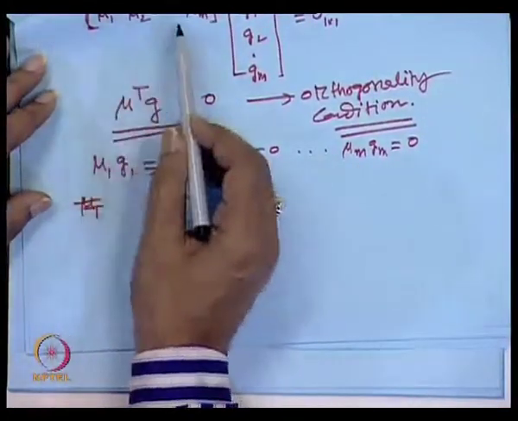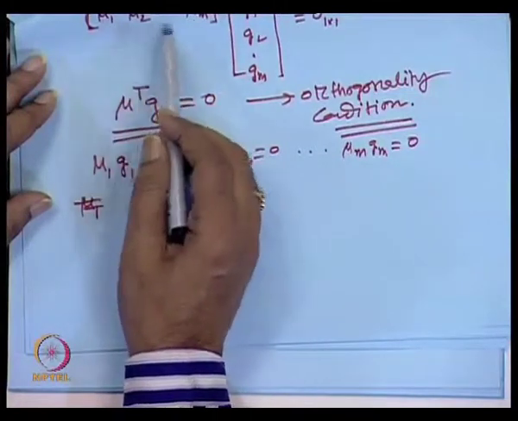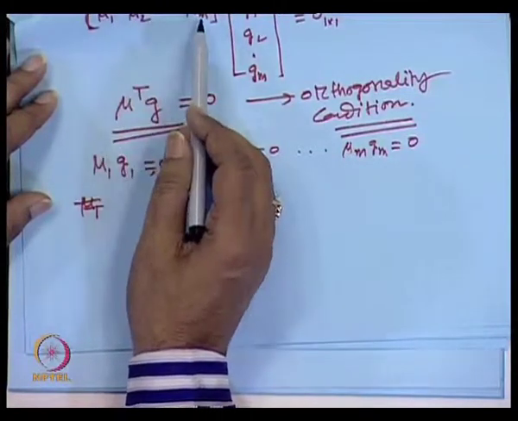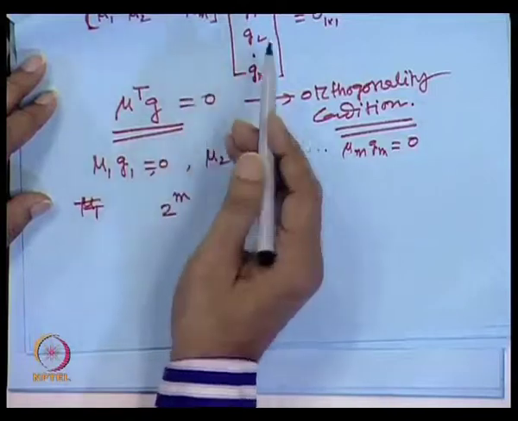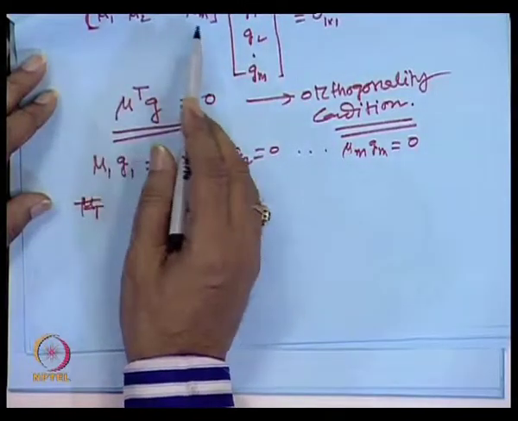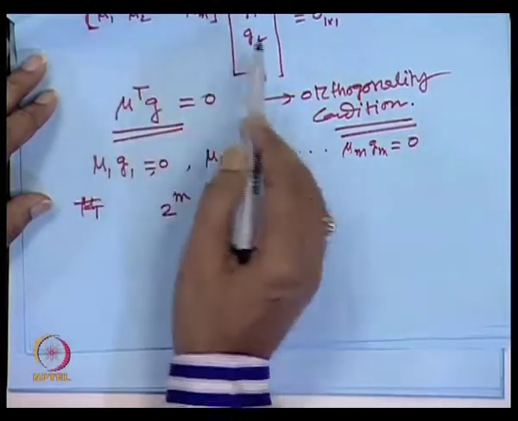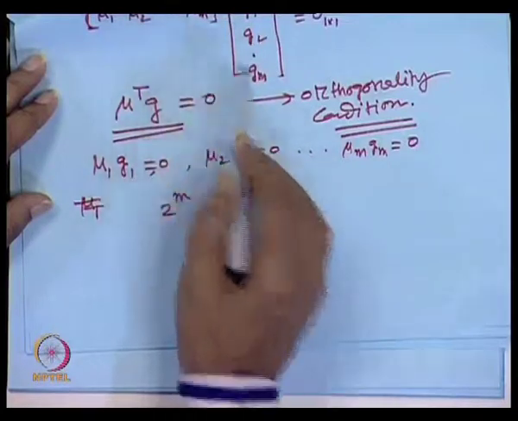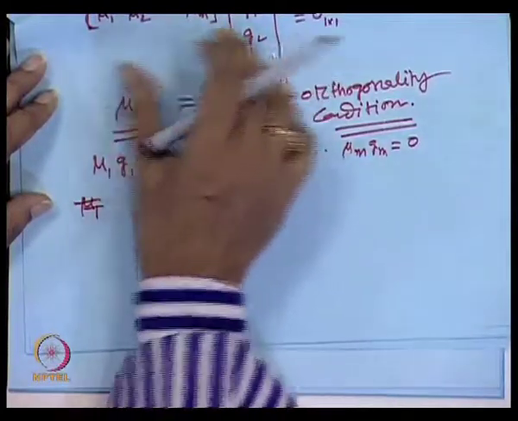It can be seen that for the Lagrangian multipliers mu 1, mu 2 associated with the inequality constraints, g 1 into mu 1, g 2 into mu 2, up to g m into mu m, these are orthogonal.